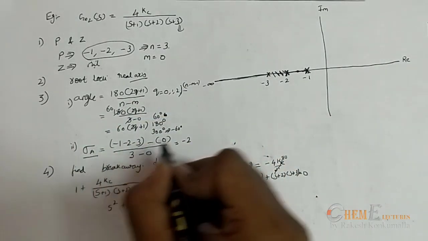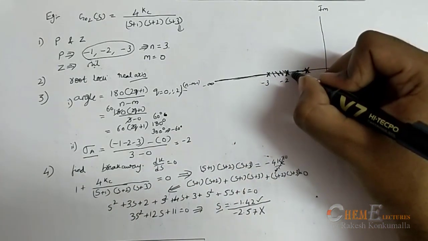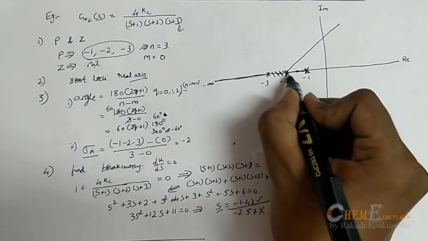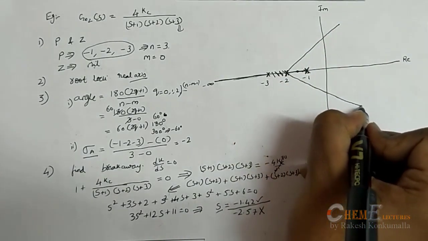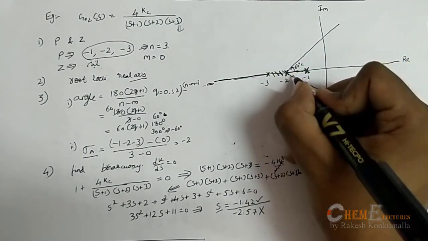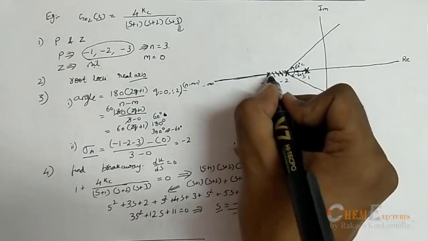If I picture it here, my centroid is minus 2, and if I draw from here my asymptote with an angle of 60, and this is an asymptote with an angle of 360 degrees minus 60 degrees, and one more asymptote at minus 180.